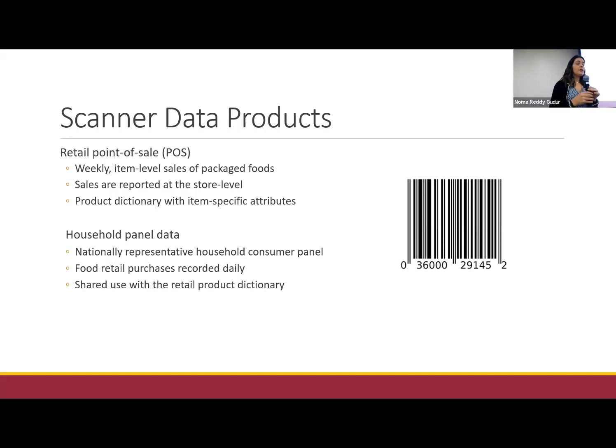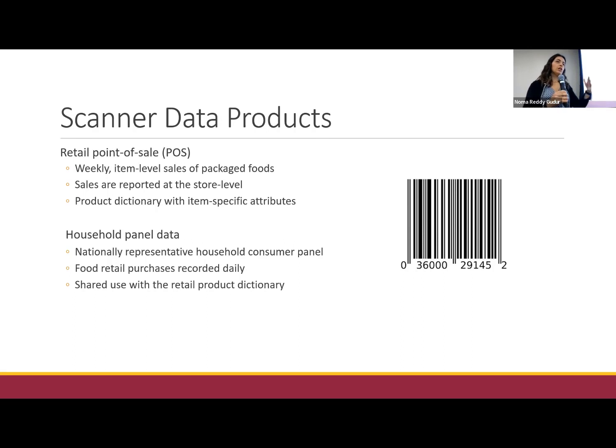the household data. So the first product, the retail point of sales, is weekly item level sales for packaged foods. And these sales are reported at the store level. So Safeway located in a particular area is going to appear in the data every week. And every week we'll see which UPCs were sold.